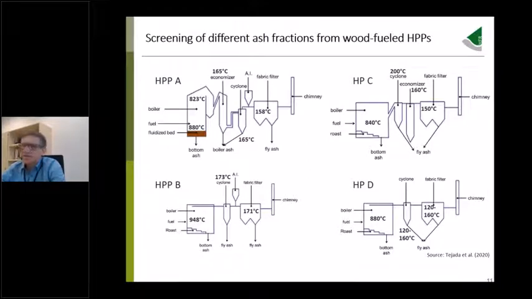The differences between those ashes are the particle sizes. So generally speaking, the bottom ash is rather coarse ash, which is separated at roughly combustion temperatures. And the further we get to the chimney, the temperature at which these ashes are separated is decreasing, and the particle sizes of those ashes are decreasing.